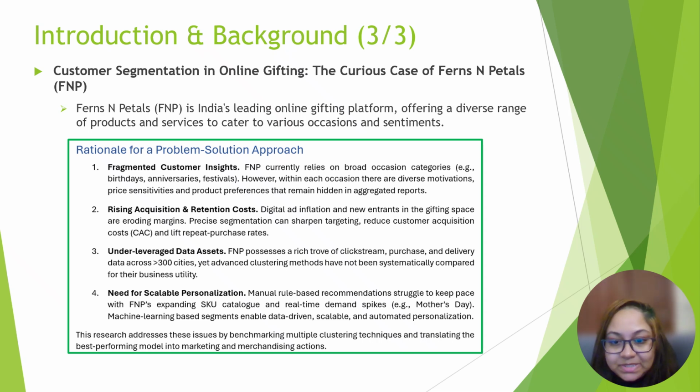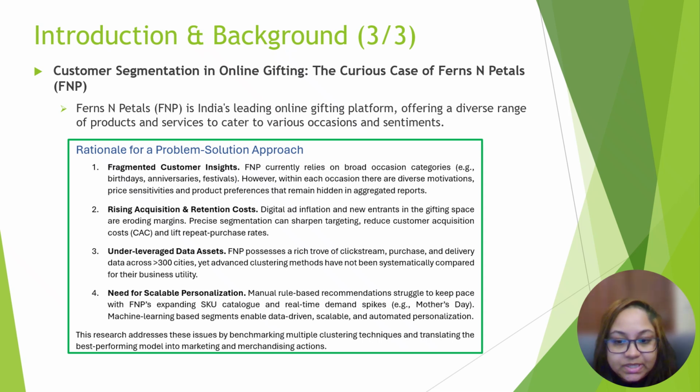So, basically, the case of Ferns and Petals is that they have fragmented customer insights. FNP currently relies on broad occasion categories such as birthdays, anniversaries, festivals. However, within each occasion, there are diverse motivations, price sensitivities, and product preferences that remain hidden. Secondly, rising acquisition and retention costs. Digital ad inflation and new entrants in the gifting space are eroding margins.